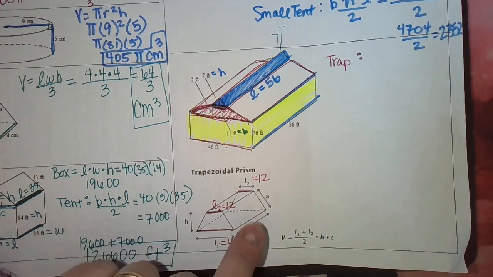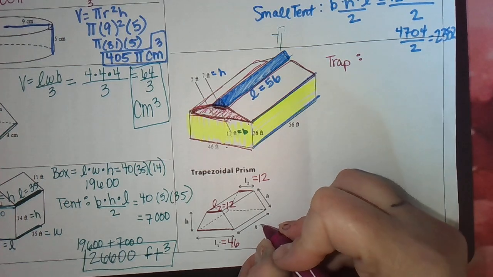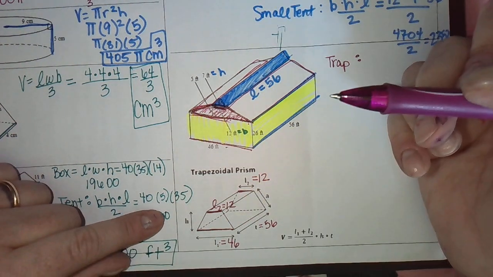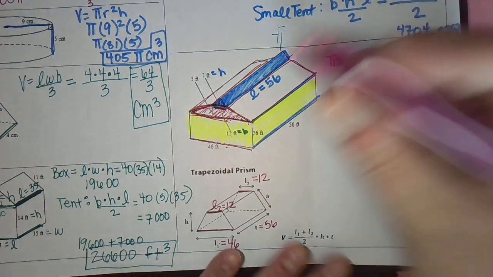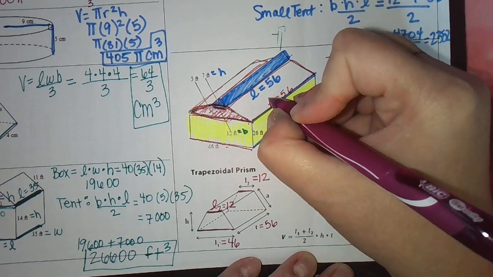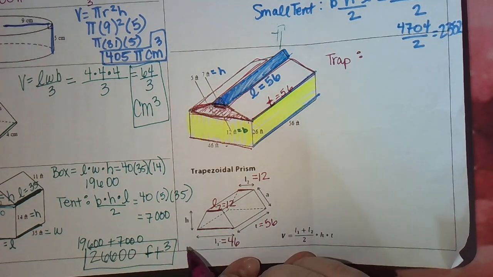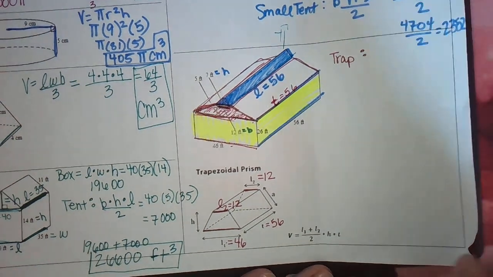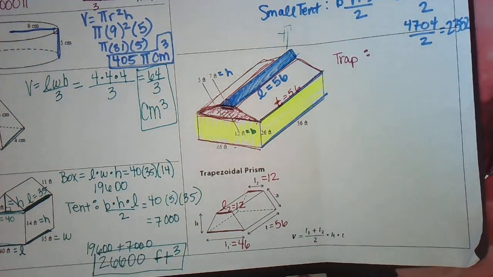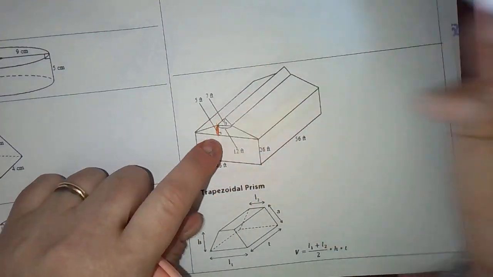Okay, let's figure out where the 56 goes. 56 goes on the, whatever that is, T? Can't really tell. It's 56 because it's 56 long. Or that might be an L, I can't tell. Okay, now the H. H is how high up and down this prism is. I colored over it, but there's an up and down line right there.